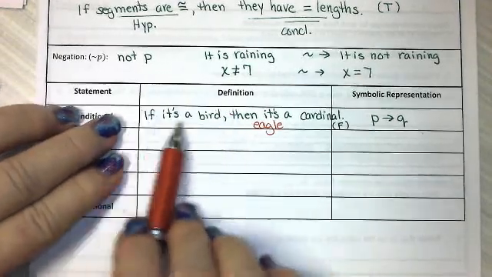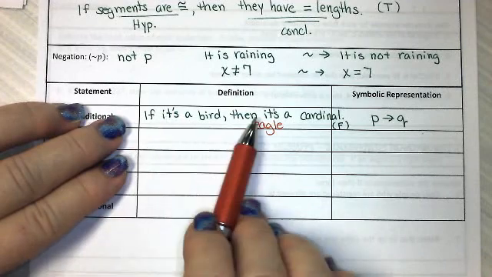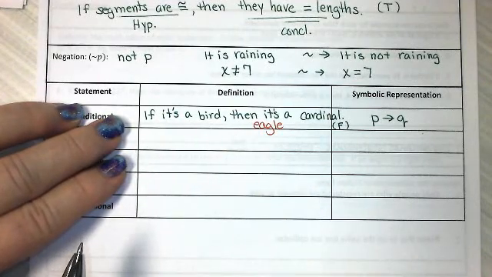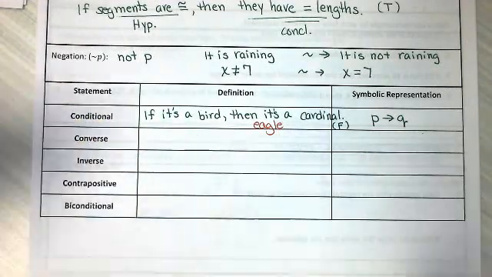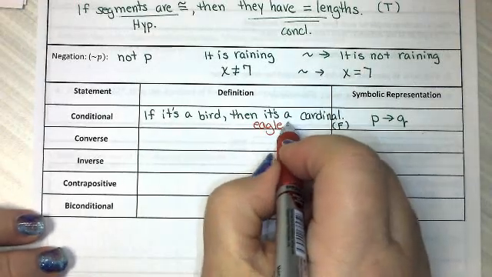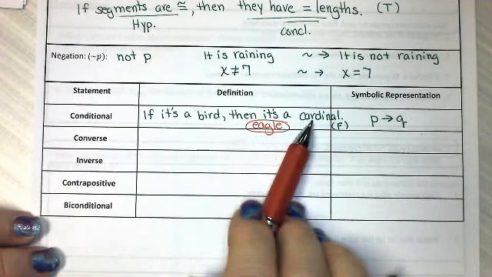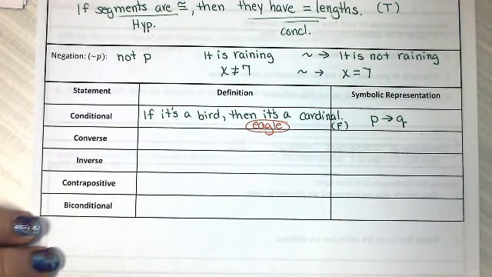So you're going to keep the hypothesis true, but show me that it doesn't have to be what the conclusion says. Your counterexample doesn't have to be a complete sentence. It doesn't have to be an if-then. It could simply be an eagle. And that proves that my statement was false.